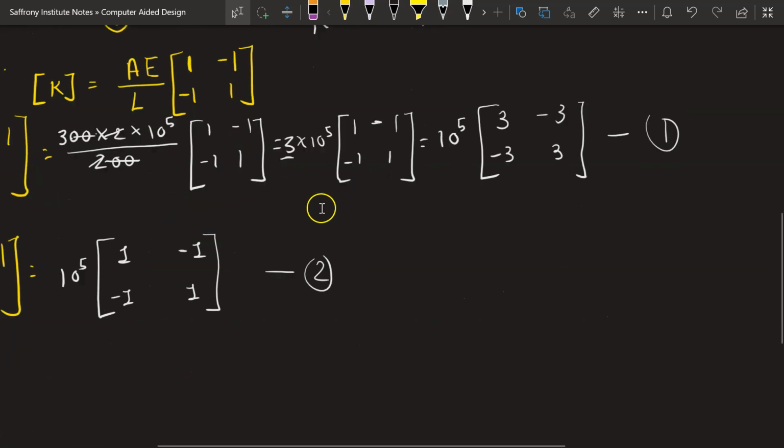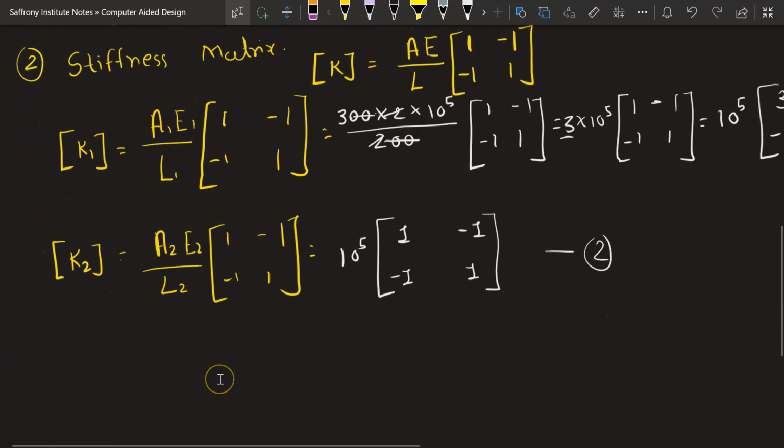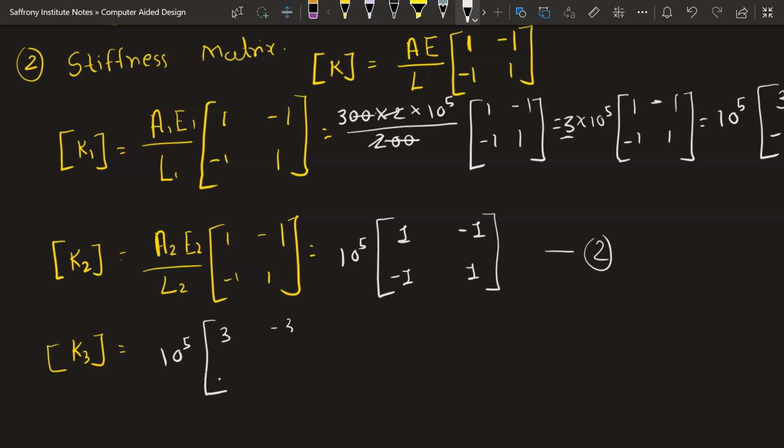Now let's move on further. Similarly, what will we get for K3? I am writing down the direct answer for K3. It will be 10 raised to 5 times 3 minus 3, minus 3 3.